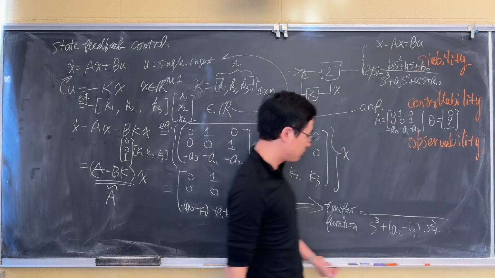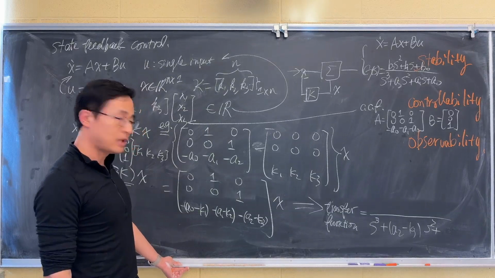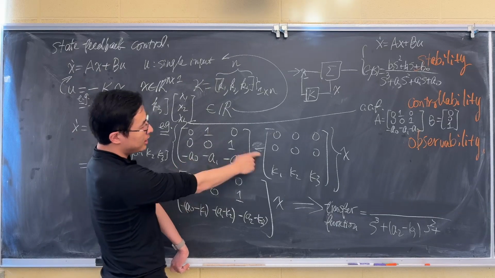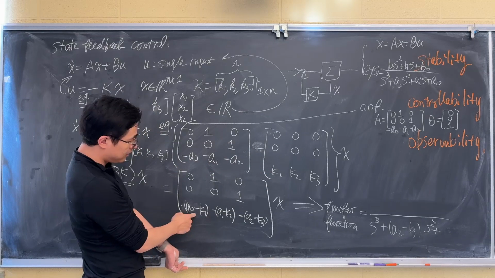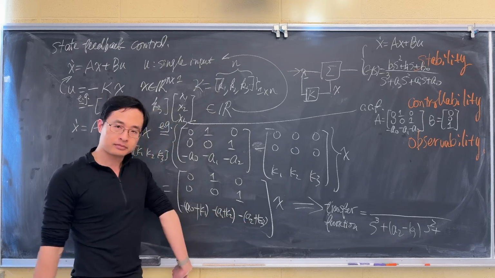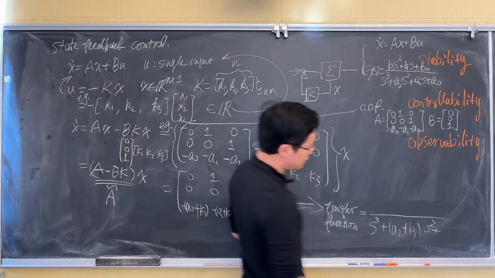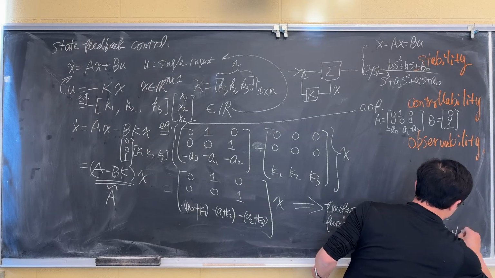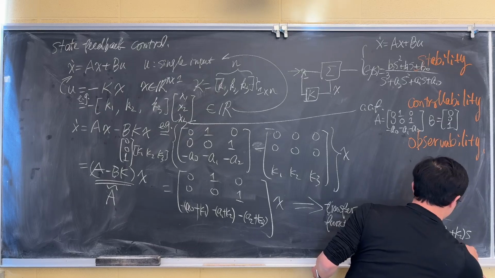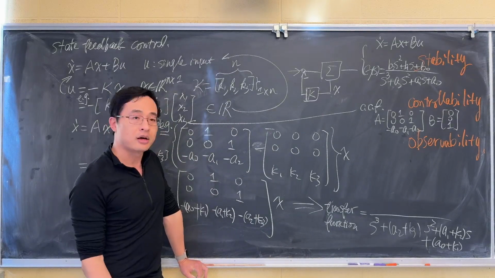Professor, is the sign in front of the K a plus or minus? Let's check. Negative A0 minus K1, negative A0 minus K1, minus K1. Happy? So it's going to be A2 plus K3, A1 plus K2, and then A0 plus K1.